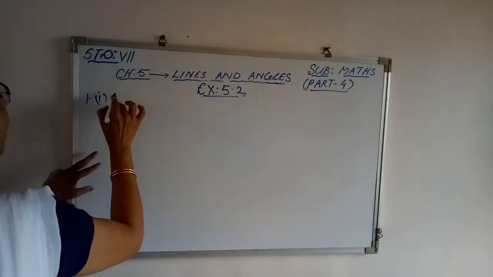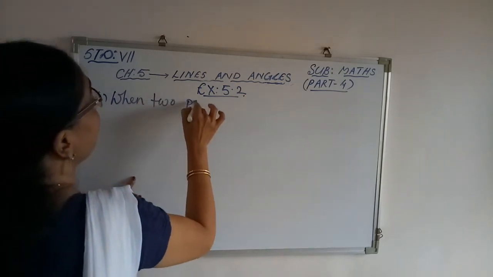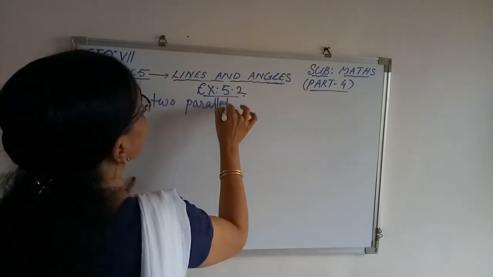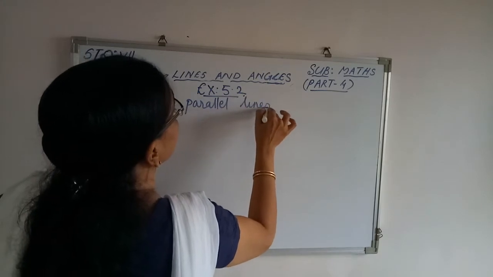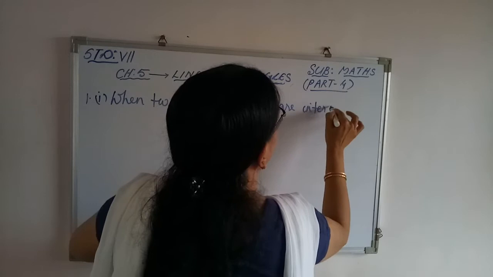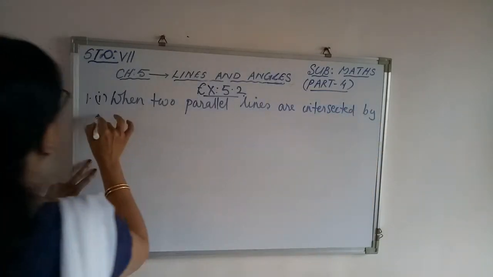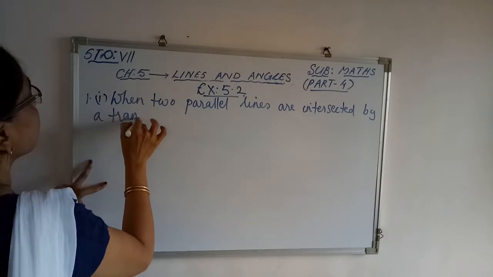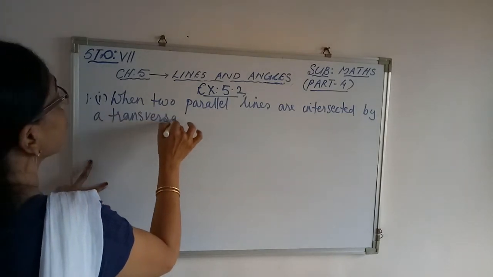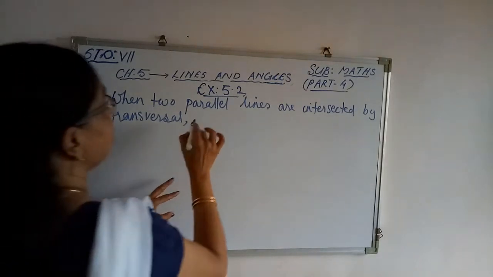When two parallel lines are intersected or cut by a transversal, then the corresponding angles are equal.